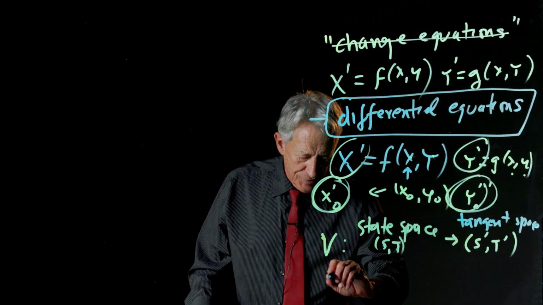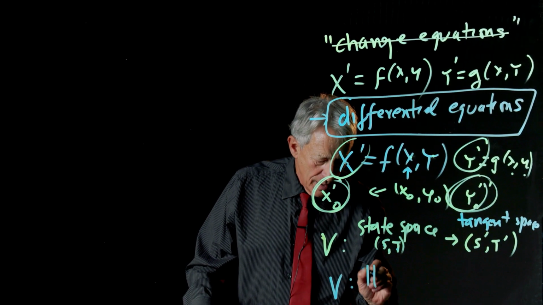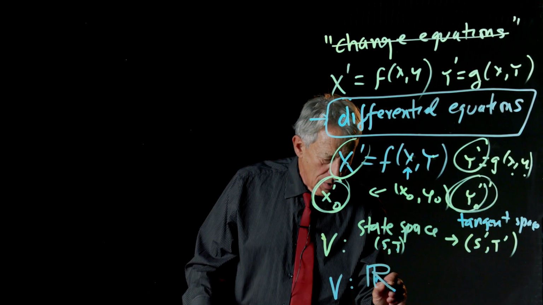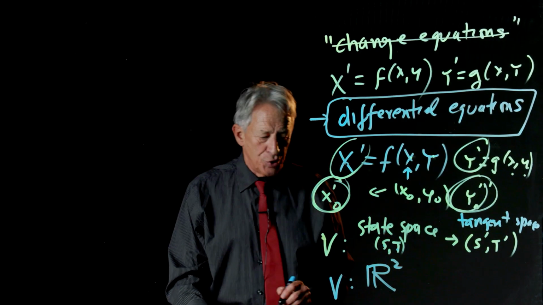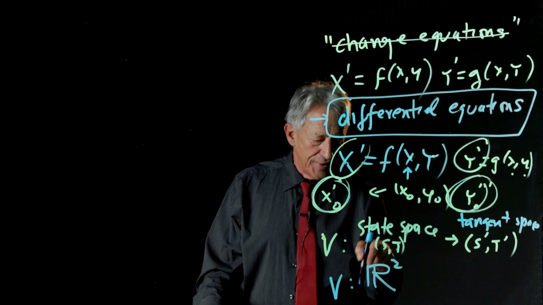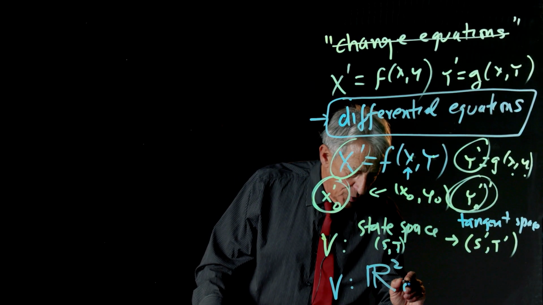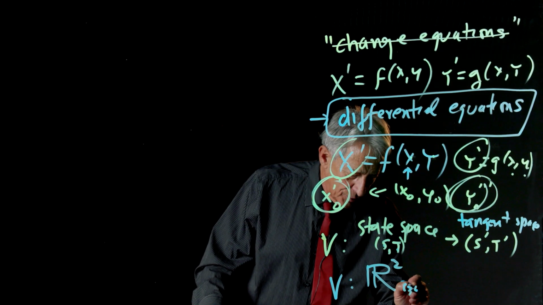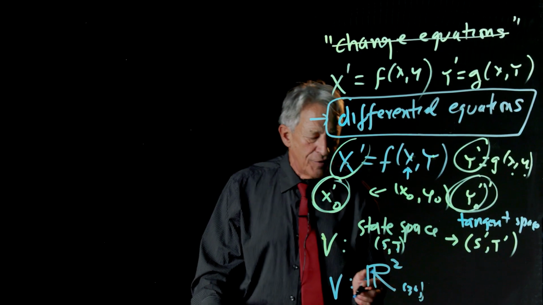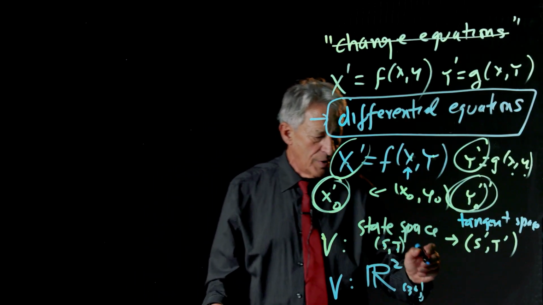So in this case, state space S, T is going to be R2, that is the set of all pairs in R, as we learned last week, and of course it's going to be R2 greater than or equal to 0 for both of those, that is to say the non-negative quadrant of R squared.